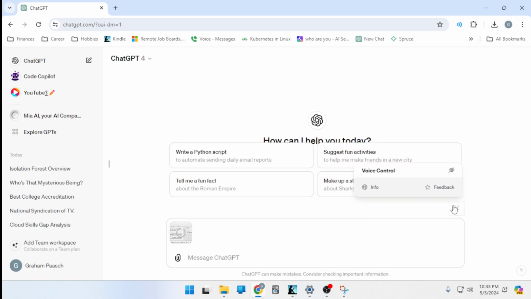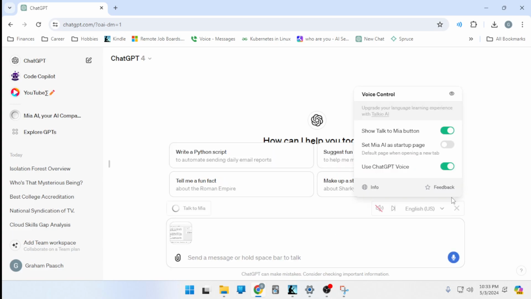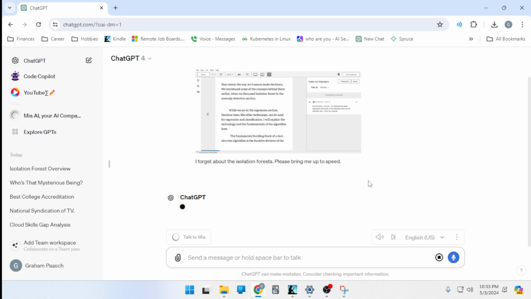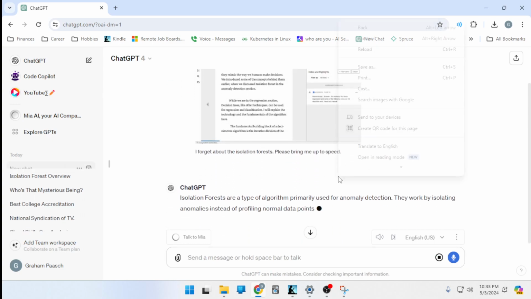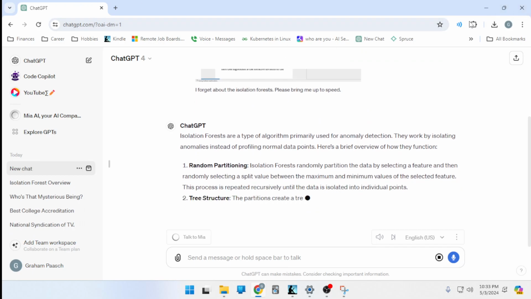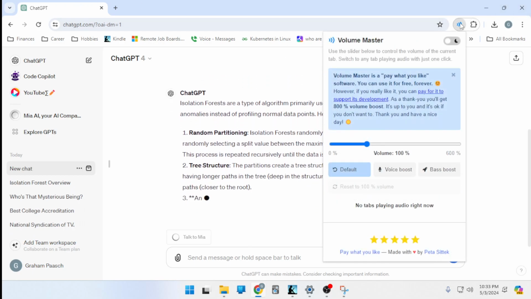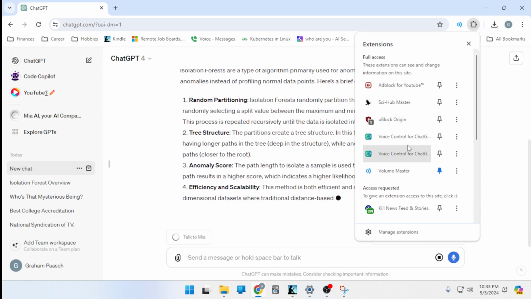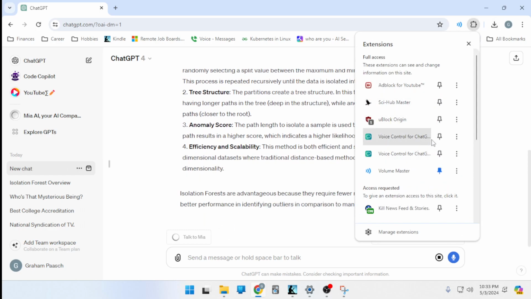Oh, and it looks like the extension, okay, it is installed, so good. All right, so we've got a bit of a problem here. The extension isn't working. It's not reading it out. So I guess I would have to move.